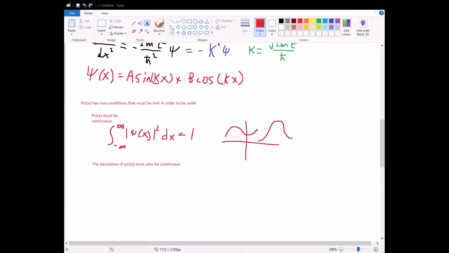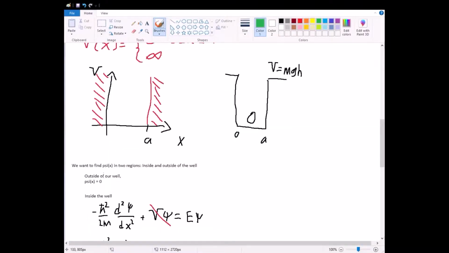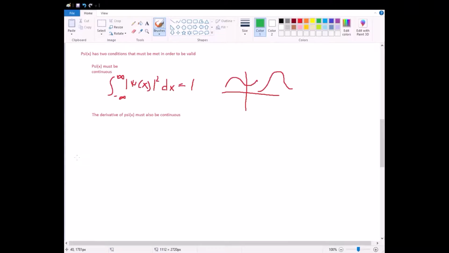Looking at the very first condition, which is that psi of x must be continuous, we already have a definition for that because we know from earlier that outside of our well, psi of x equals 0. So if psi of x must be continuous over all of space, then condition 1 implies that psi of 0 must equal psi of a, which must equal 0.